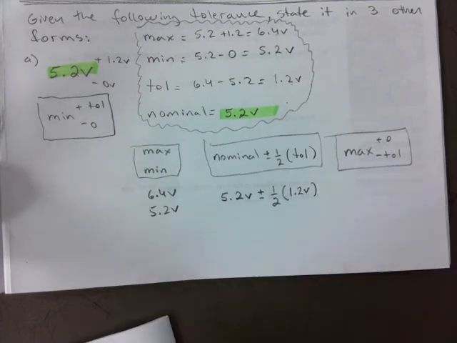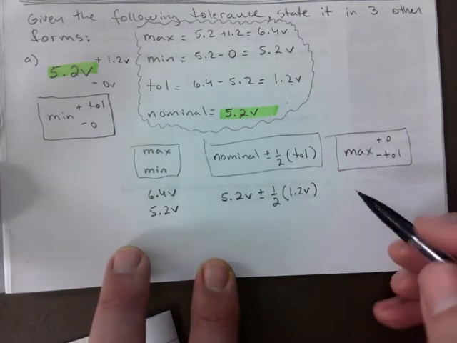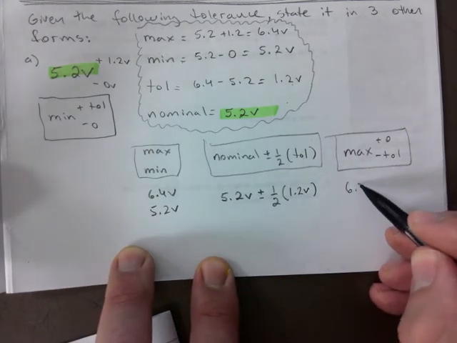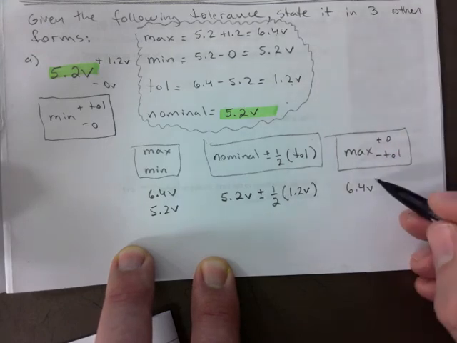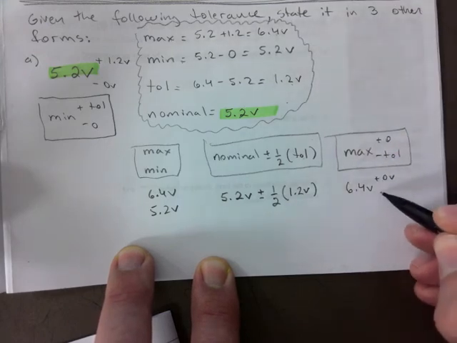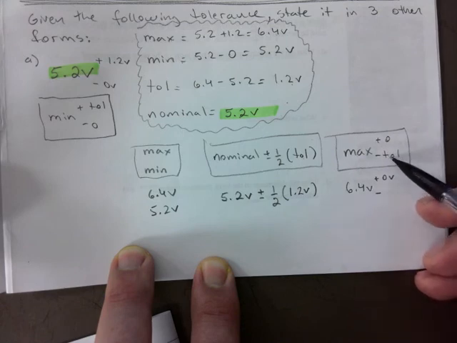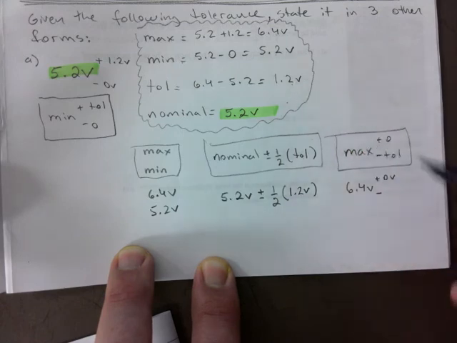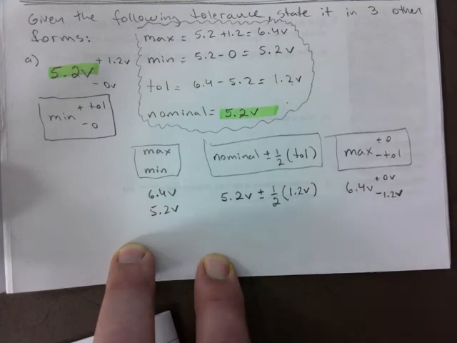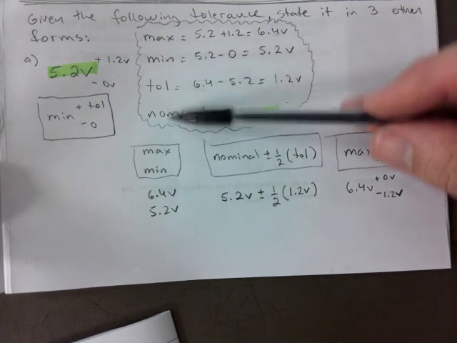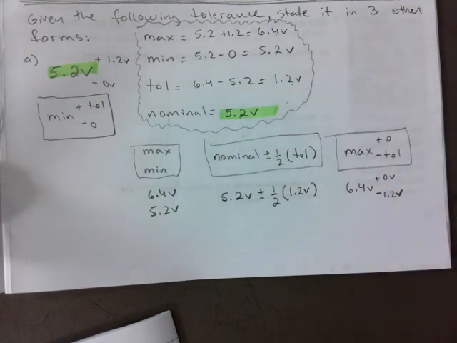Just leave it like that. And the last one calls for max, which is 6.4 volts. That's from my inventory here. Plus 0 volts minus whatever the tolerance is. It's right there. It's 1.2 volts. Voila, right? So once you have these four pieces, you can go and rewrite it in all the other three formats.